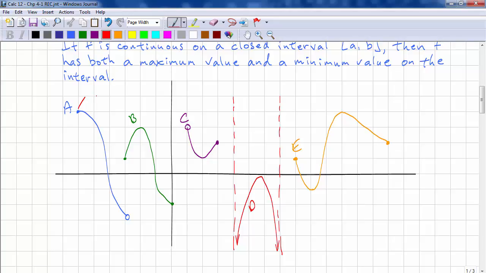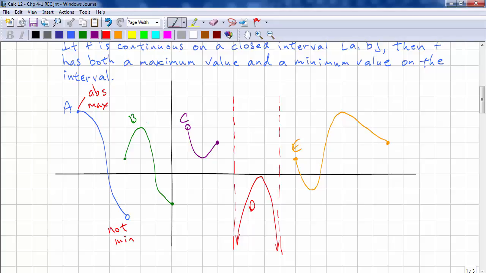Here is, and we look at the rest of the graph, it's bigger than or equal to the rest of the values. So this is an absolute max. This is not a min, because the limit will approach a min, but there's no value here, so it's not actually a min.